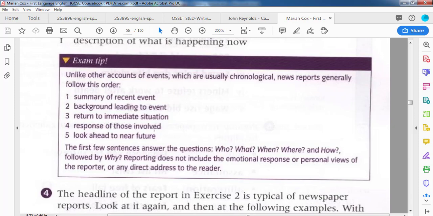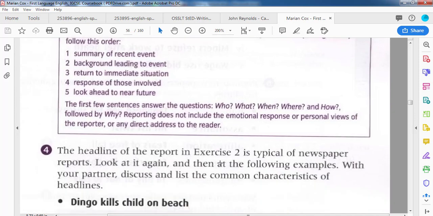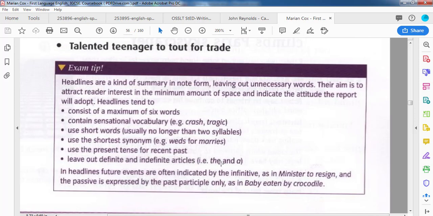Response of those involved is something regarding the eyewitness, and look ahead to near future. Usually this is the ending, predicting what will happen. And of course, in the first few sentences in the lead paragraph, try to answer who, what, when, where, and how. Okay?